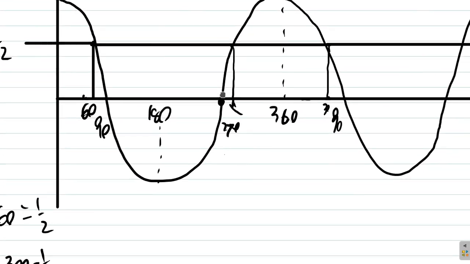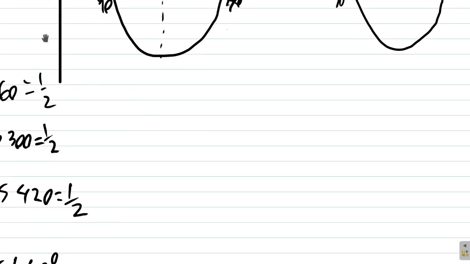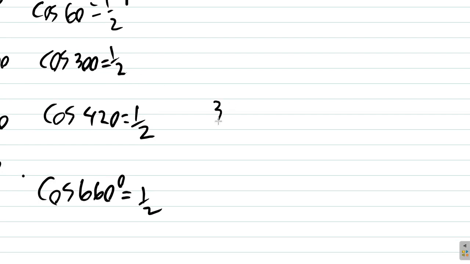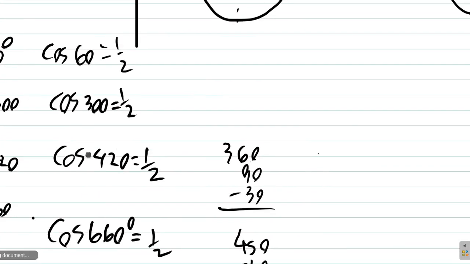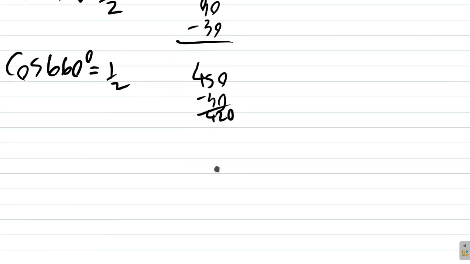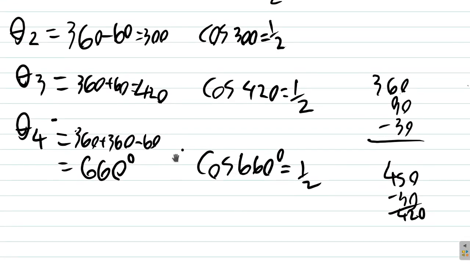So 360 plus 90 is 450. 450 minus 30 gives you 420. The cos of 420 will also give you a half, which we did earlier. 660, same thing.